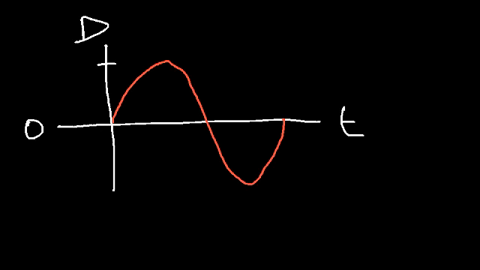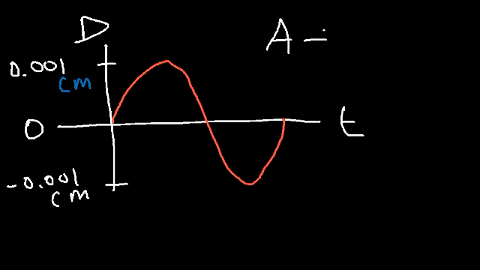The peak of the wave might be something like 0.001 centimeter. It's very small. And over here, it could be like negative 0.001 centimeter. So the amplitude A is really the displacement of the air molecules. And it's usually measured in meters, though, if you're going to use the equation.